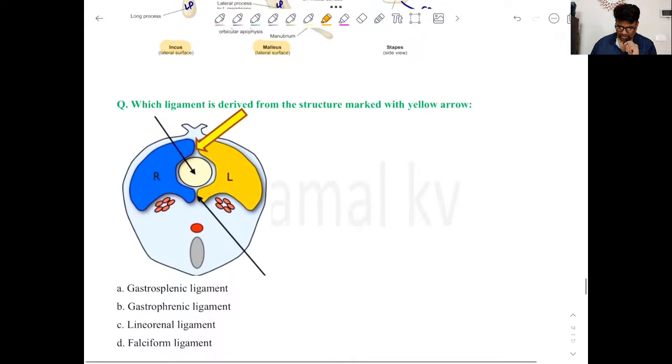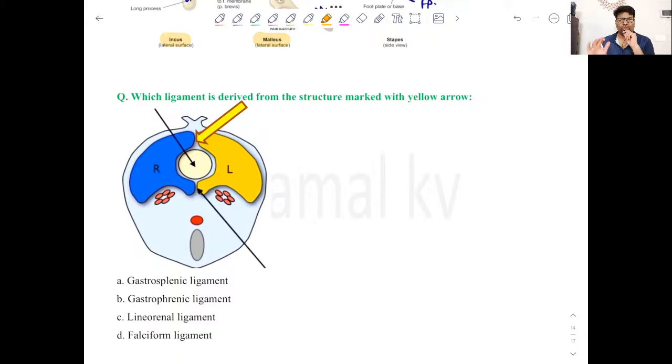Now this is again a very important topic from which we have questions many times: ventral mesogastrium, dorsal mesogastrium. The arrow is on this structure here, and it was asked what will develop from this structure. Yes KK, you are absolutely right, this is the falciform ligament, right?